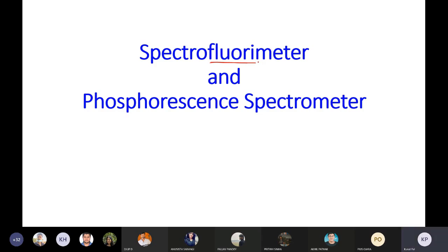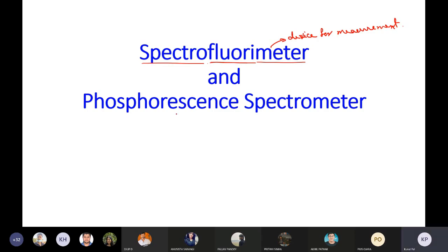And meter is associated with some device for measurement. So spectrofluorimeter is basically a device which helps you in measuring the spectrum of the fluorescence. Literally, this is the meaning of spectrofluorimeter.